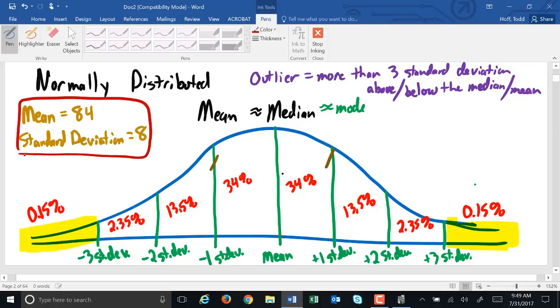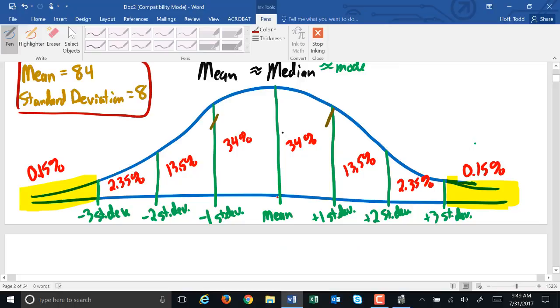What that means is at the center of this curve down here, the mean is 84. As I move to the left, I subtract the standard deviation. Standard deviation is 8. So what is 84 minus 8? 76, right? What's 76 minus 8? 68.